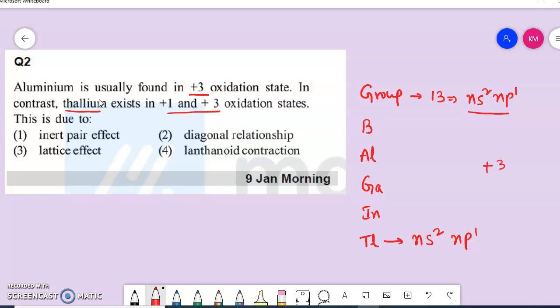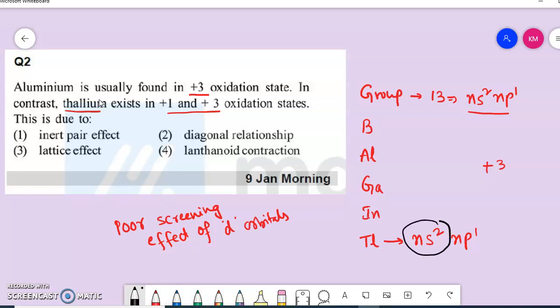+3 oxidation state. But in case of thallium, due to the poor screening effect of d orbitals, these ns2 electrons will not be involved in bond formation. The reluctance of these ns electrons to participate in bond formation is known as the inert pair effect.